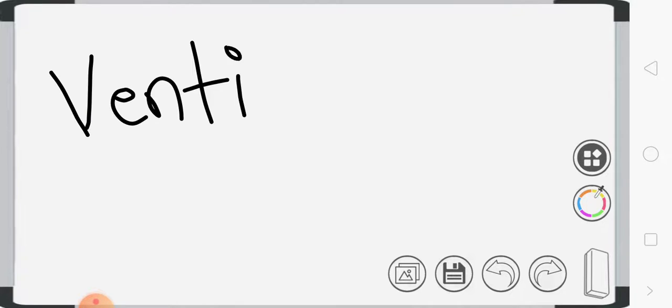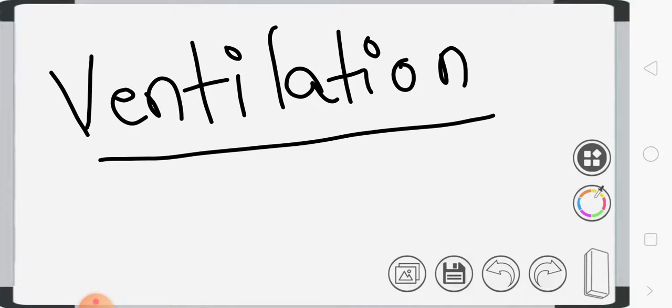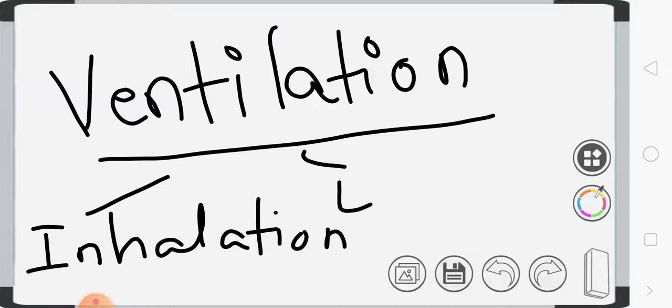Today's session, we are going to concentrate on ventilation. I'm sure all of you know what ventilation is. Ventilation comprises two processes, inhalation and exhalation. Please do not get confused with respiration.